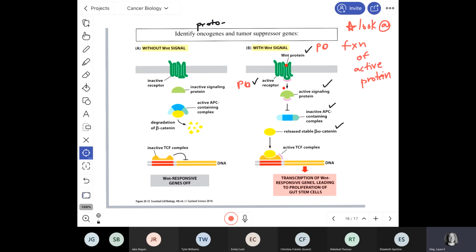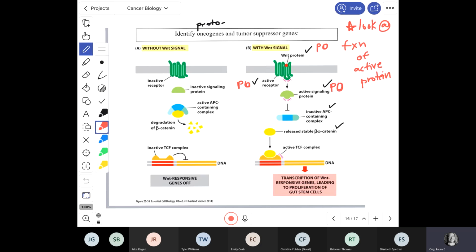So this situation is a little bit harder to interpret. But when this protein is active, it is removing a brake on cell division. So this one also is a proto-oncogene. When it's active, it's working to promote cell division.